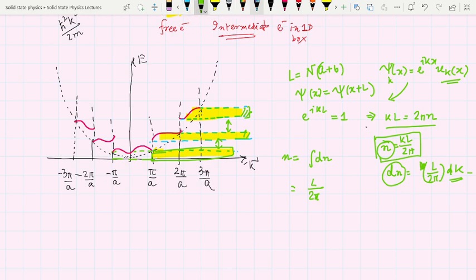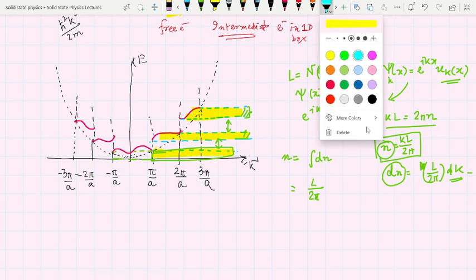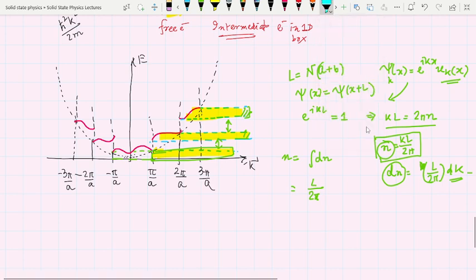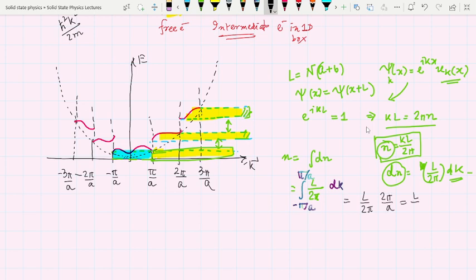For better understanding, I am going to plot the actual band. The range of k is minus pi by a to pi by a for the first band. The number of possible wave functions in the first band is equal to L by 2 pi times 2 pi by a. So L by a. So L is equal to N times a.